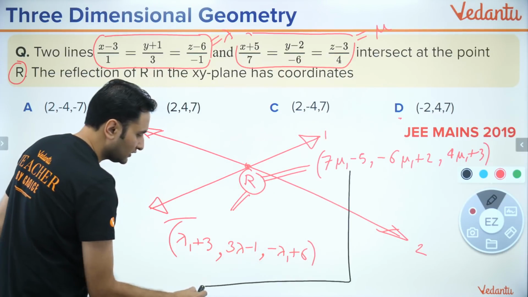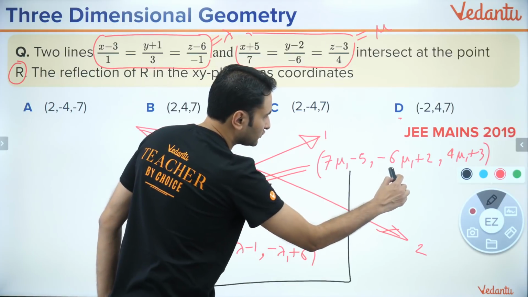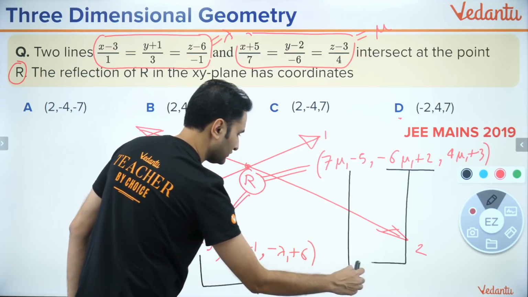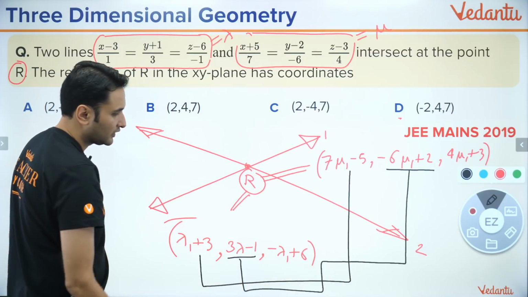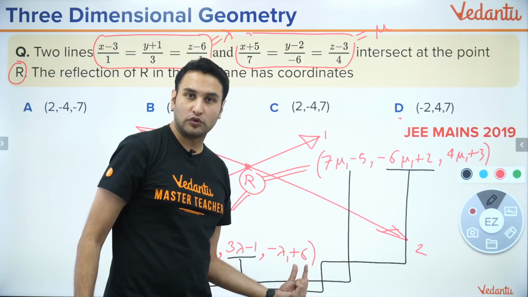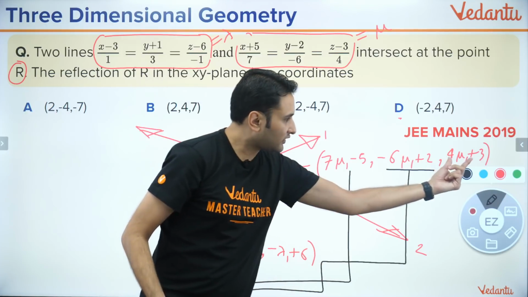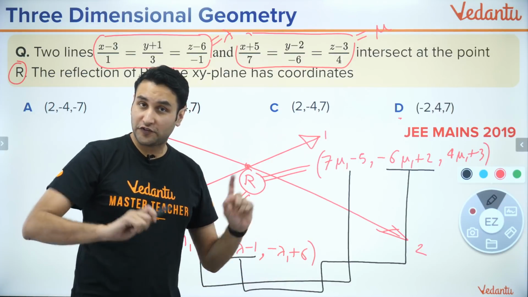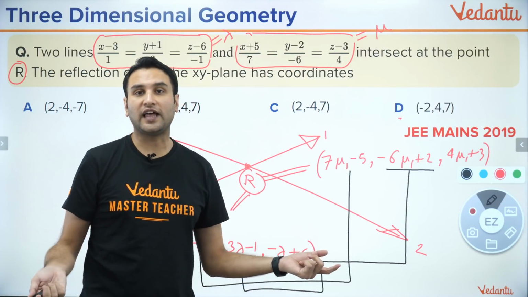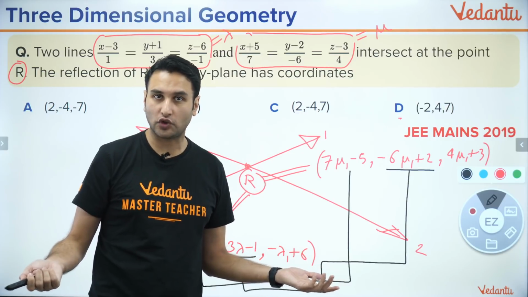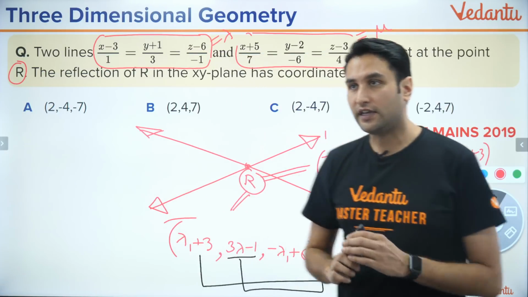This x with this x, this y with this y. Agree? Okay? And whatever value of lambda and mu that you will get, check that this and this should also be equal. If they are not equal, then the lines are not intersecting lines. That is the meaning of that. All right, can you solve? Does it make sense? Okay?